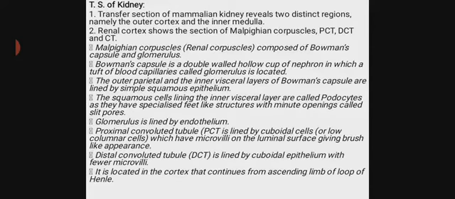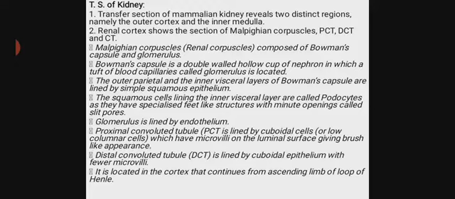TS of kidney. The transverse section of the mammalian kidney reveals two distinct regions, namely the outer cortex and the inner medulla. The renal cortex shows sections of Malpighian corpuscles, PCT, DCT and CT, and the Malpighian corpuscles, that is renal corpuscles, are composed of Bowman's capsule and glomerulus.